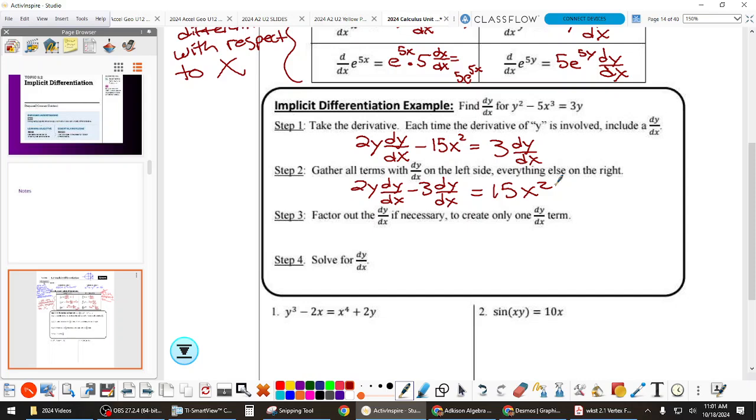Good on that? Okay. I would probably highlight this because you'll do this a lot. You don't always do it, but it does come up fairly often. So factor out that dy dx. And then how do we solve for dy dx? 2y. Yeah.